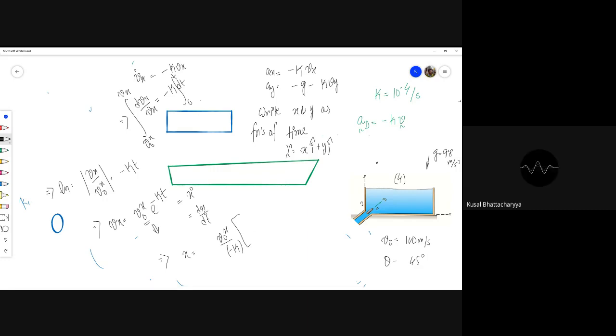So you are saying it is going to be e to the power minus kt minus 1, right? So of course this quantity is smaller than 1. So we have this expression. Right? Yes, sir.